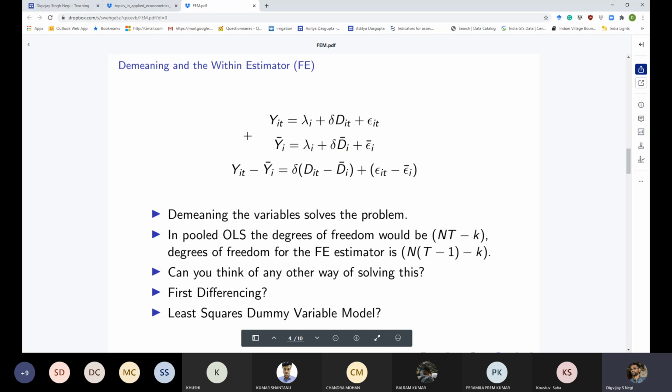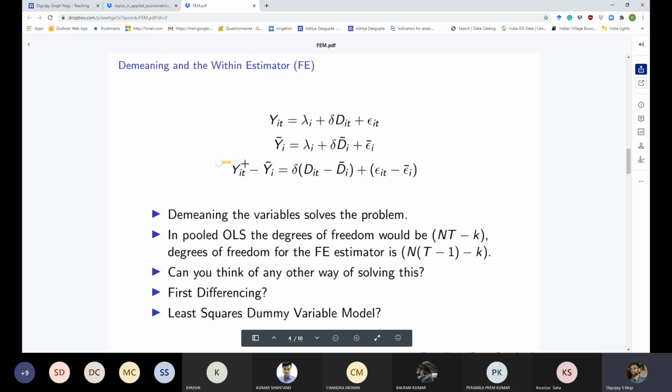Remember, with this manipulation, this transformation of the data, essentially what this is saying is that before you run a simple OLS with panel data, if you want to remove these lambdas, you have to transform your outcomes and your treatment like this. You have to basically take time averages and remove those time averages.